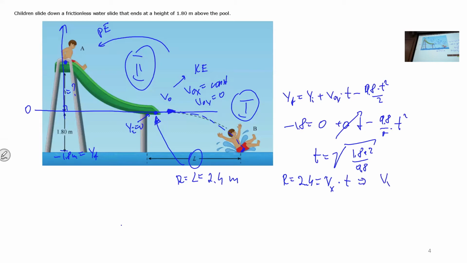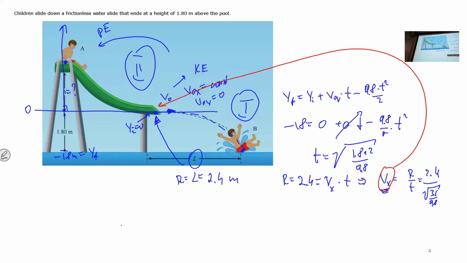That gives you the initial velocity, range over time: 2.4 divided by that square root of 3.6 over 9.8. This is how you get this time. And then you get the speed. And then you go here.